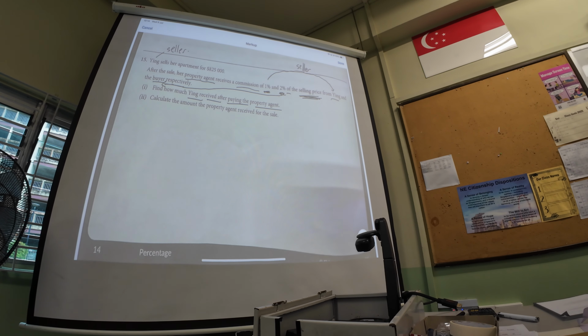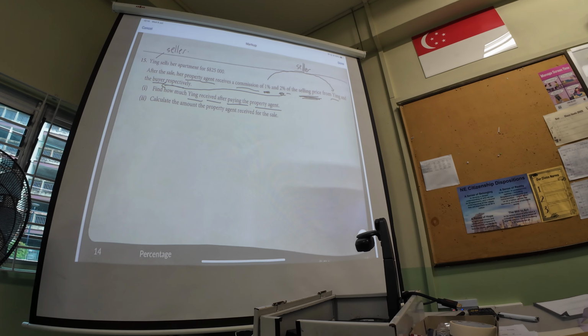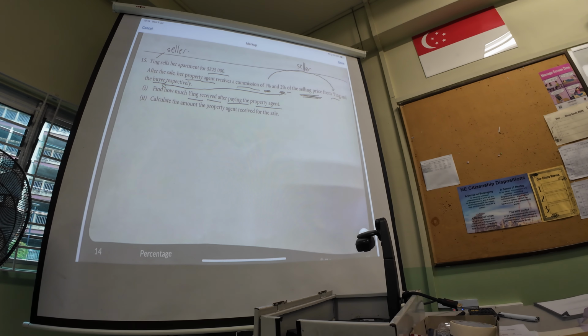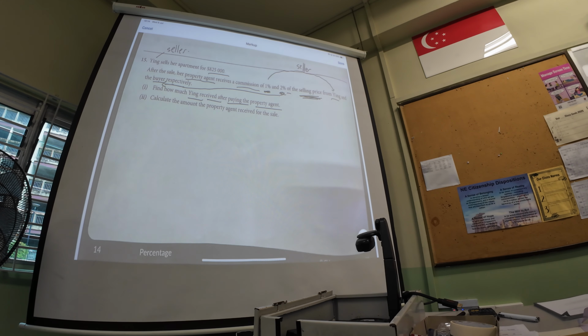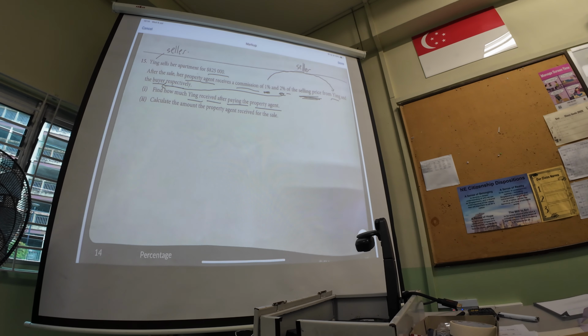Then out of this 825,000, I must take some money to pay the agent. How much money? 1%. So the seller doesn't get the full payment of 825,000. I only get 99% because 1% I have to pay the agent.